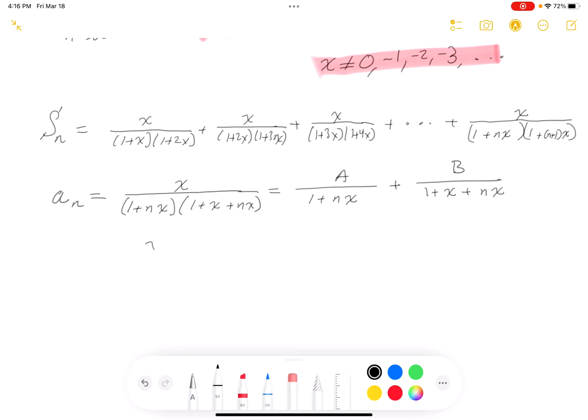And you're going to get x equals a times 1 plus x plus nx, plus b times 1 plus nx.